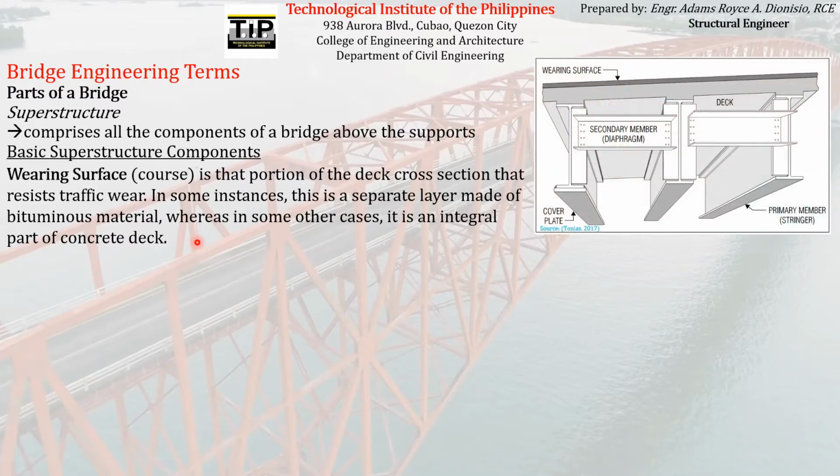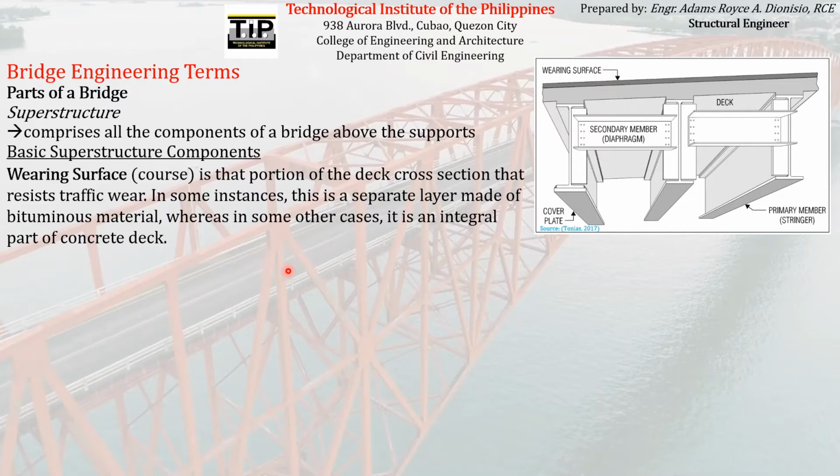So where is the wearing surface? This is the wearing surface. It is the layer of the road that is put on top of the deck. So this is the deck, and we usually put another layer on top of the deck where the traffic, the vehicles travel.